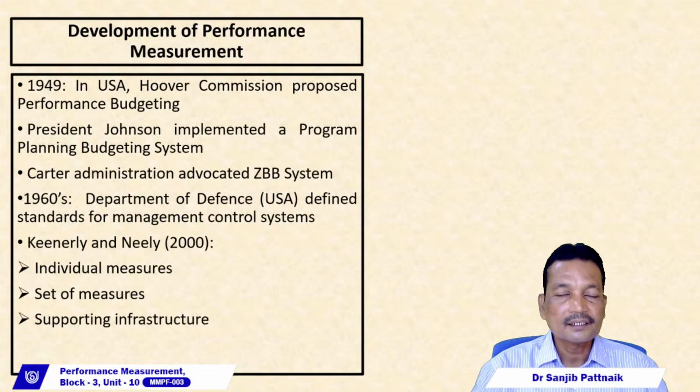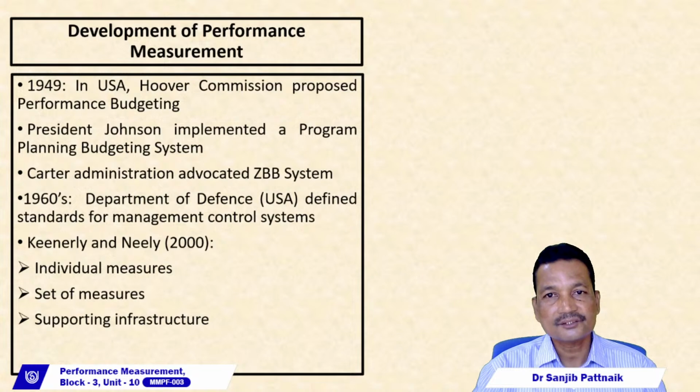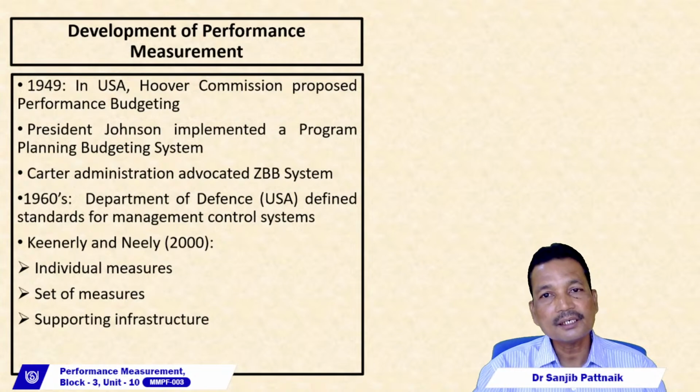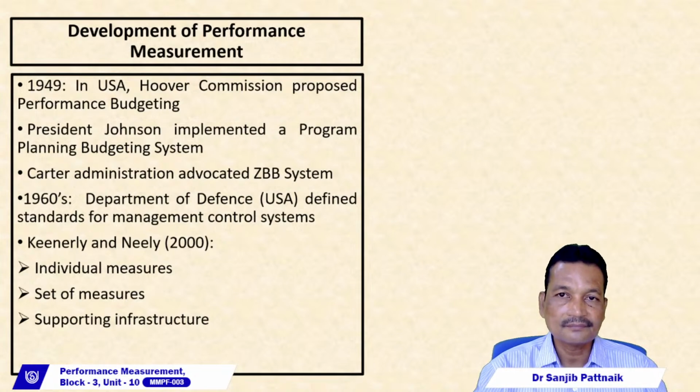We know that the organization's strategy can be broken down into small, individual activities. Now, for each individual activity, when we develop certain indicators, those are called individual measures. So they have a focus on individual activities.